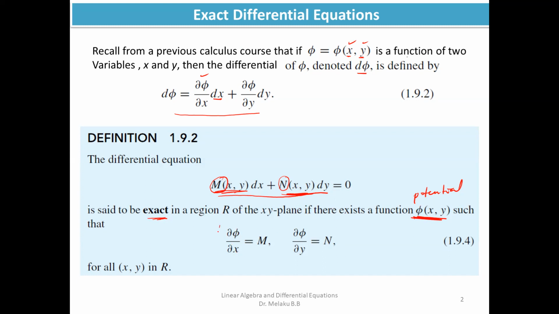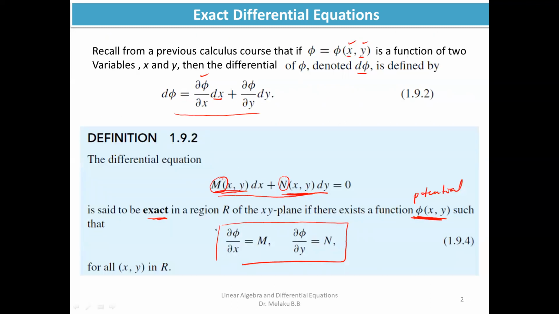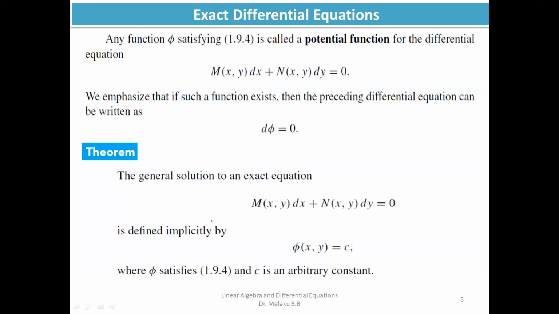If this definition is fulfilled, we say that this is an exact differential equation. A function phi that satisfies 1.94, which means this definition we have just discussed, is called a potential function.